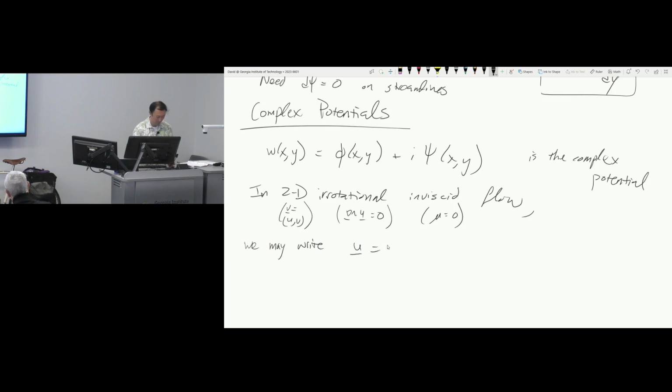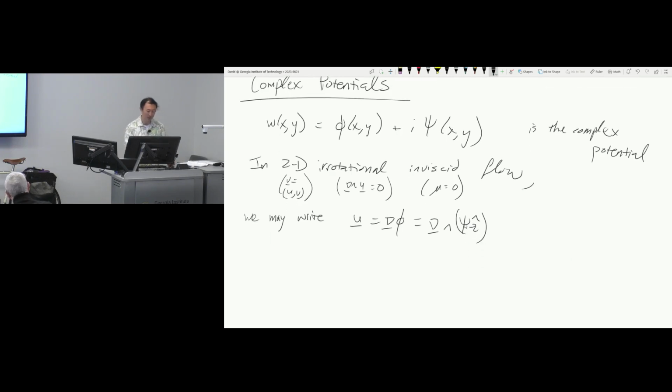you can write u as the gradient of some potential, and u is also the curl of some stream function. A 2D stream function means that all the vectors are in z.